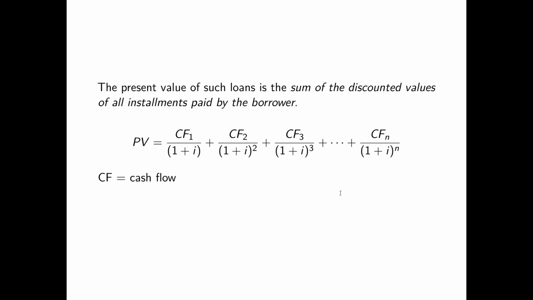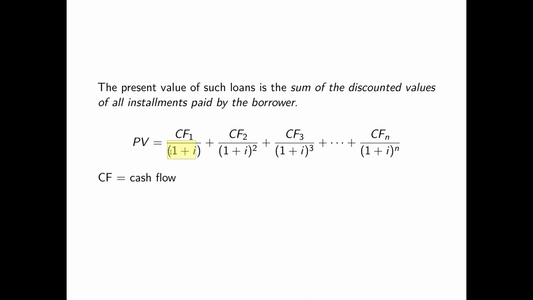Okay, so how do you then compute the present value of a fixed payment loan? Remember, you are going to have to pay installments over time. And because the installments are going to be paid over time, the time value of money has to be taken into account here. For this example, we assume that each installment is made annually. If the installments are made annually, this cash flow is the cash flow you pay in 1 year.